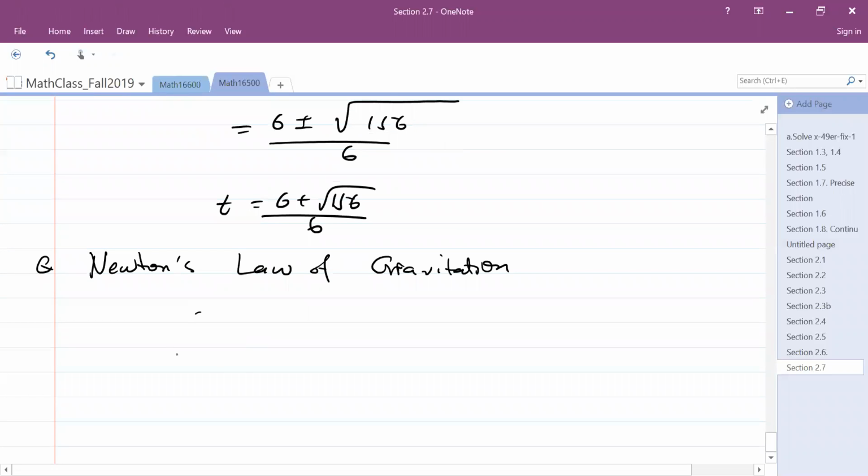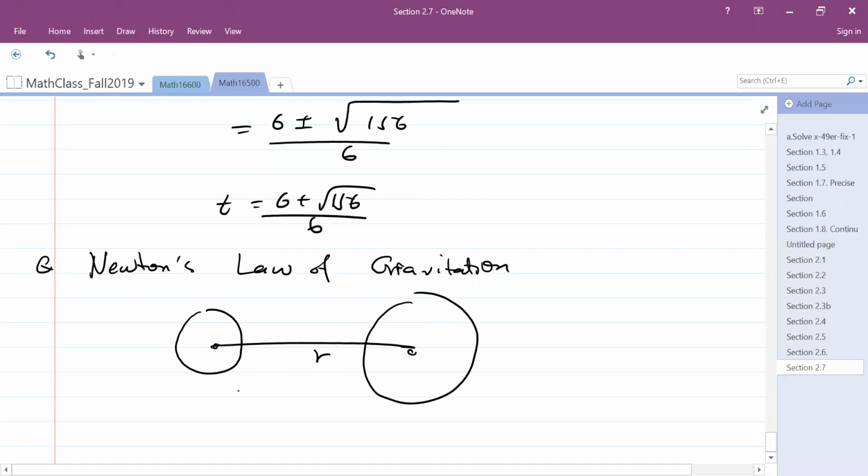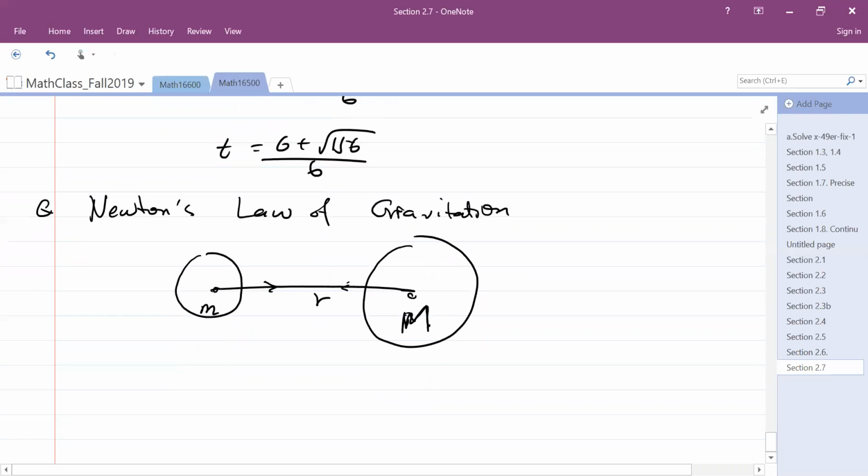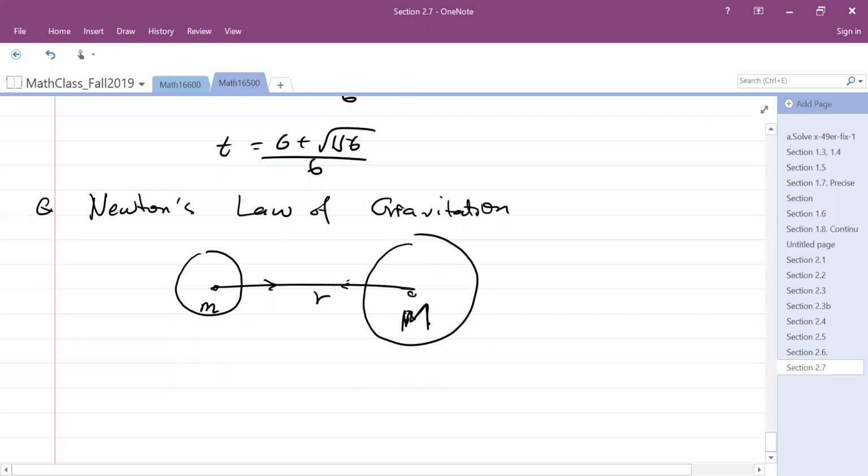If you have two objects in space, with the distance r, this one has a mass little m, and that's capital M. Newton found out the force that attracts each other. F is G times little m times capital M divided by r squared. I don't know how he figured this out.